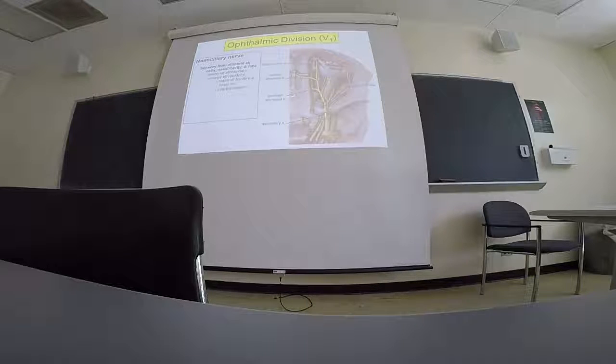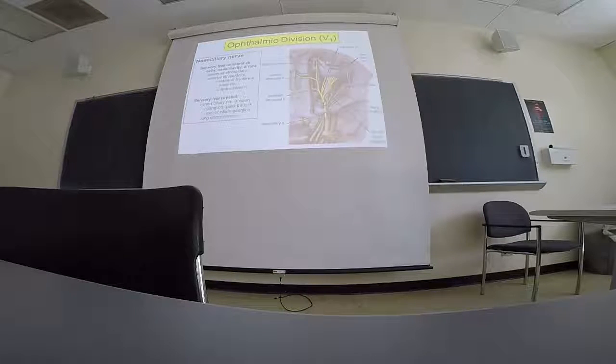So first you'll see a posterior ethmoidal nerve and an anterior ethmoidal nerve going to provide sensory innervation to these ethmoidal air cells, which you'll see when you break off this part of the bone here. And then that will continue anteriorly as the infratrochlear nerve, so named for the trochlea or pulley of the superior oblique muscle, which is this pointy thing right there.